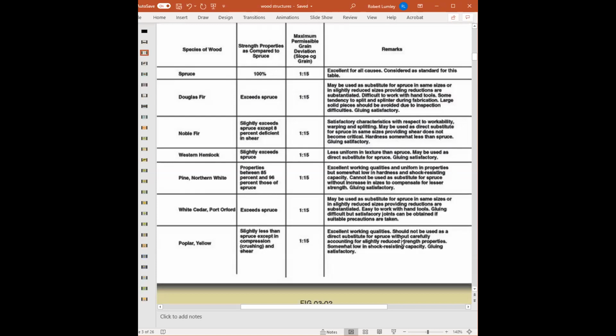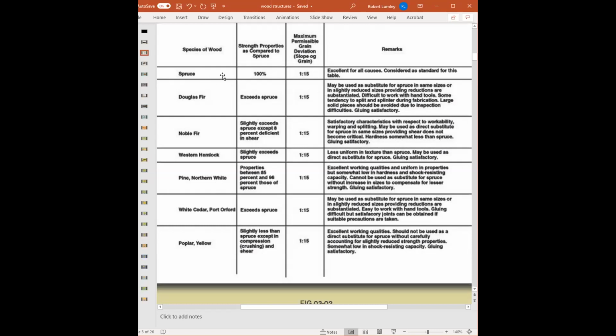And I think this one also says that it should not be used as a direct substitute. So many times the question is, what species of wood could be used as a direct substitute for Sitka spruce? You don't pick the yellow poplar or the northern white pine, but you can see the other ones. If you just read it, you can make sense of it.